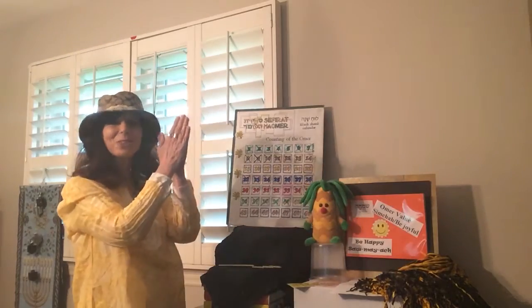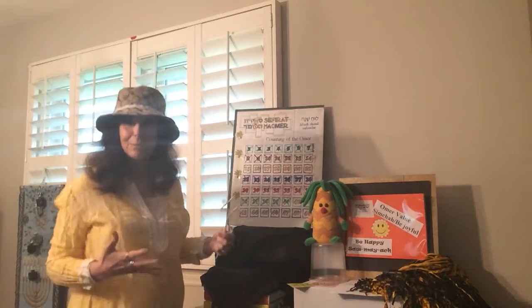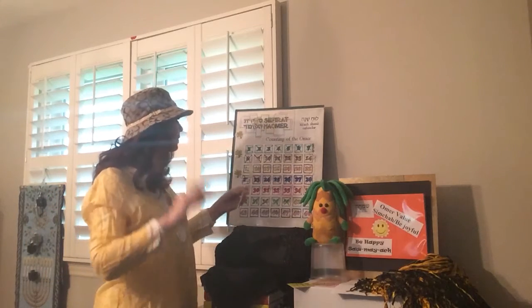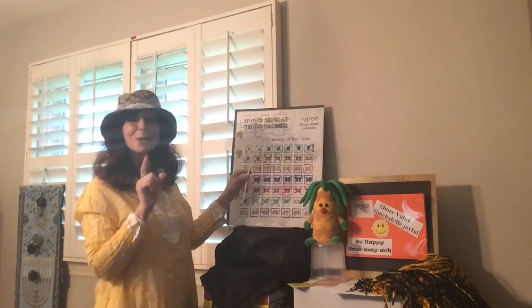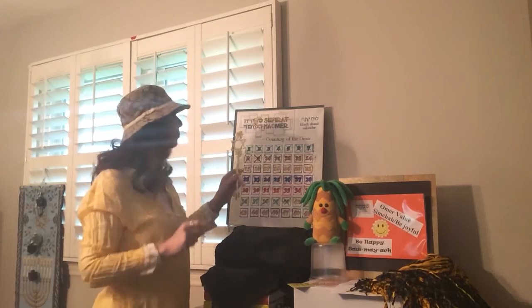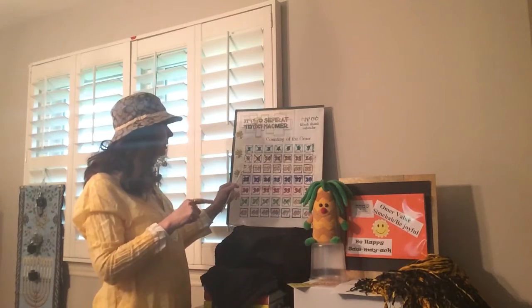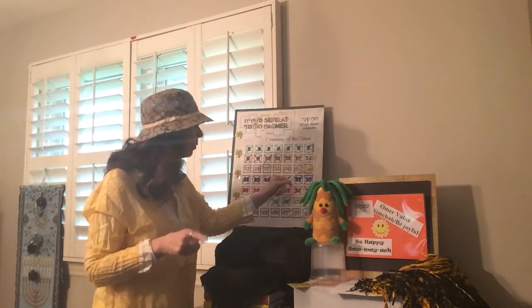Ooh, it's wonderful. Now, because 40 is an even number, ends in that 0, we're going to count by 2s. Are you ready? We're going to do it in English, though, not Hebrew. 2, 4, 6, 8, 10, 12, 14.